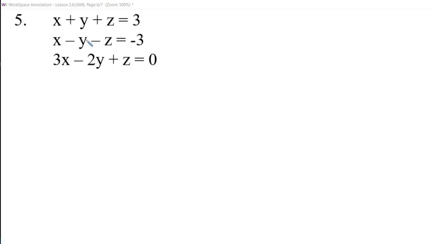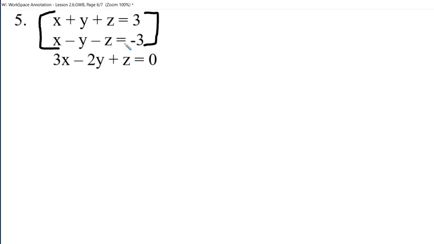We have a y here. We have a z here. And what about right here? Do we? Yeah. So here, where do we have the most zero pairs? The top 2. So let's work with that group first, because that has the most zero pairs. So let's combine these 2 together.